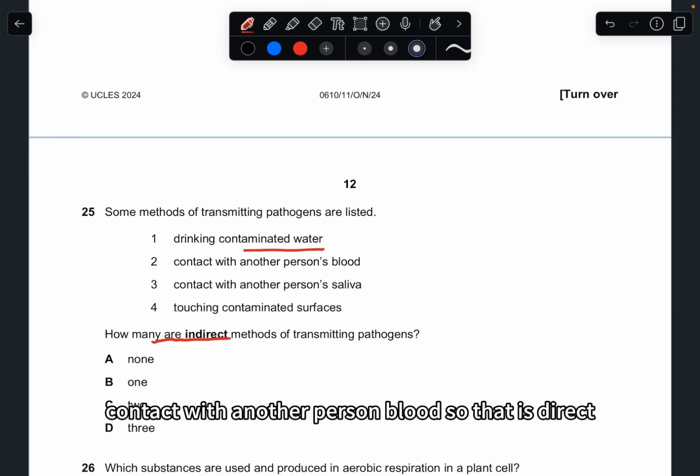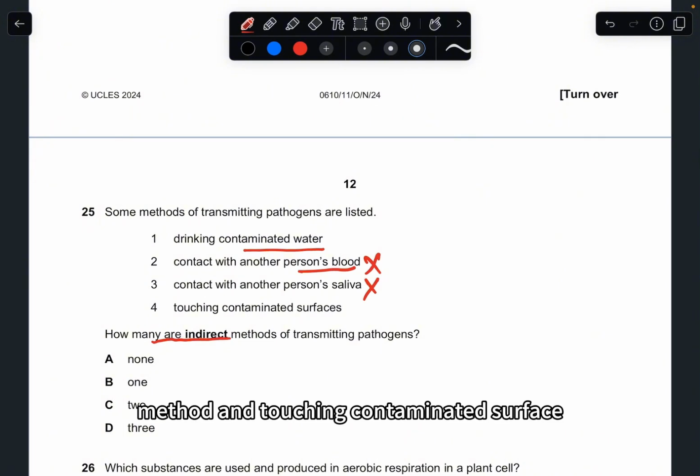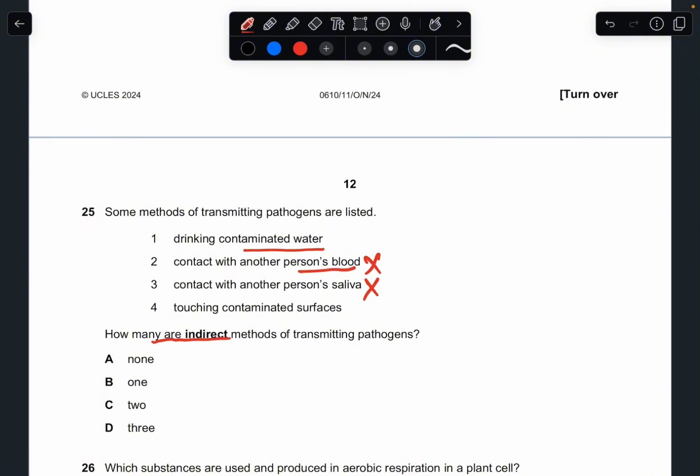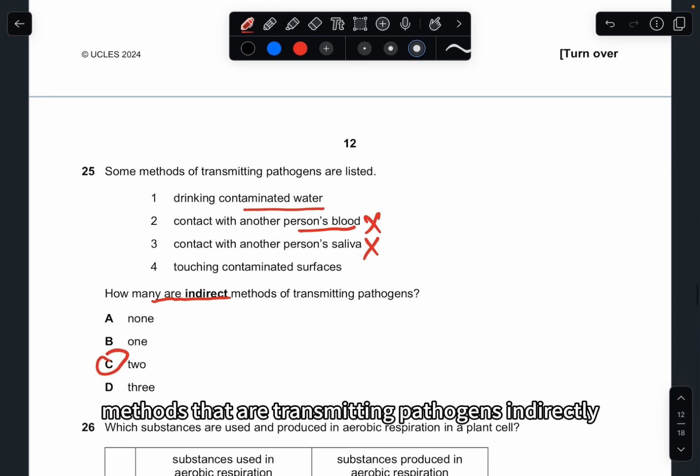Contact with another person's blood is direct, so that is not. Contact with another person's saliva is also a direct method. And touching a contaminated surface is indirect. So there are two methods that transmit pathogens indirectly.